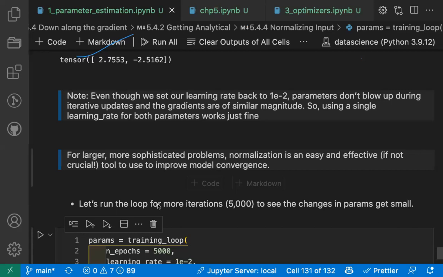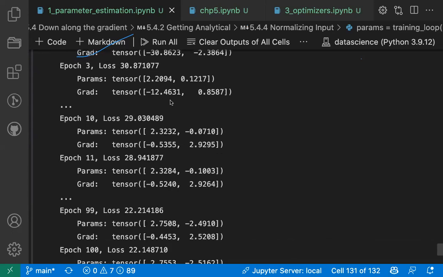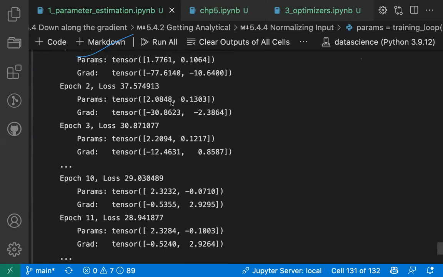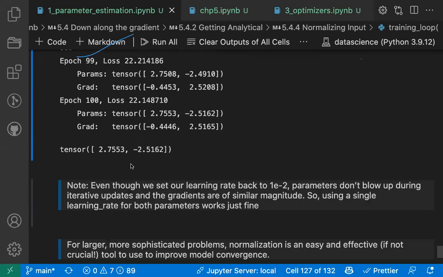Look at the loss. Can you see it? It's 22. With more iterations, the loss goes lower, it's 2. So one thing is that maybe increasing the number of epochs will help.